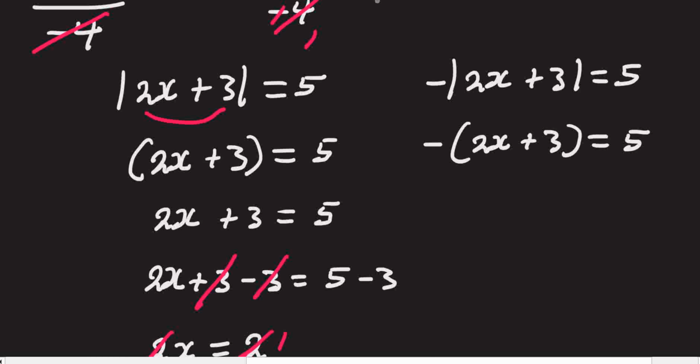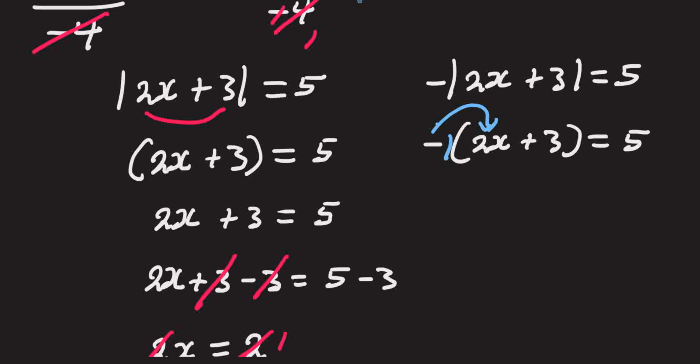We can now distribute, see this as negative 1, distribute that into the content of the parentheses, and negative 1 times 2x is negative 2x, and negative 1 times positive 3 gives us negative 3, and this is equal to 5.